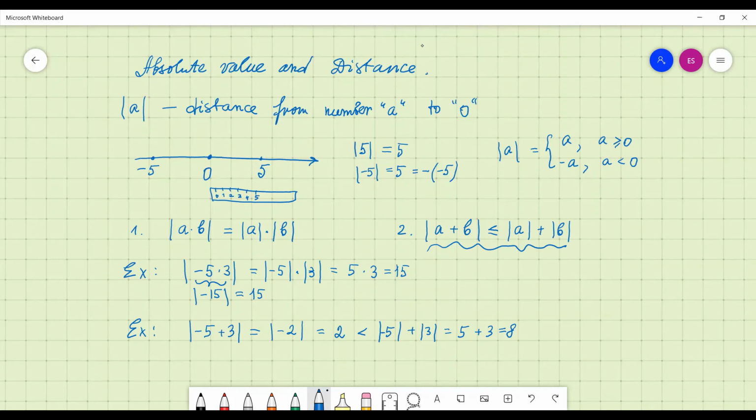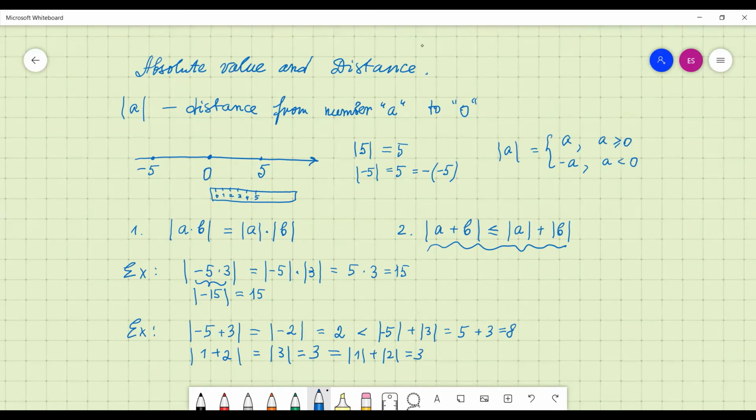For example, absolute value of 1 plus 2 is 3, and absolute value of 1 plus absolute value of 2 is also 3. Here we are going to have an equal sign. So equality usually happens when A and B are both positive, or both negative. When they have different signs, that's going to be an inequality. Okay.